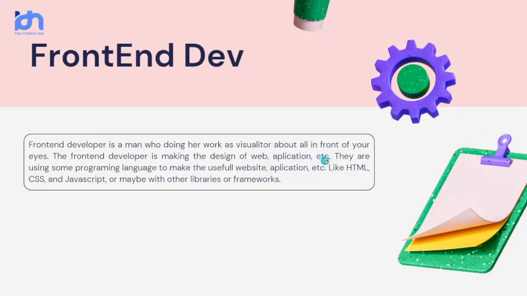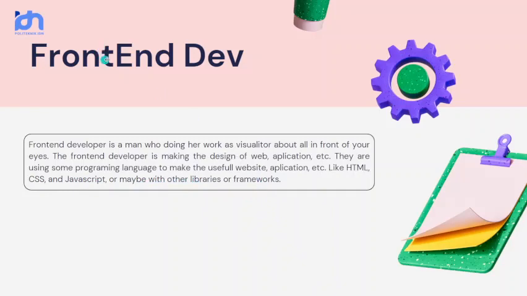Maybe you can make a game, or other programs like that. They use programming languages to make useful website applications, like HTML, CSS, JavaScript, or maybe other libraries or frameworks.